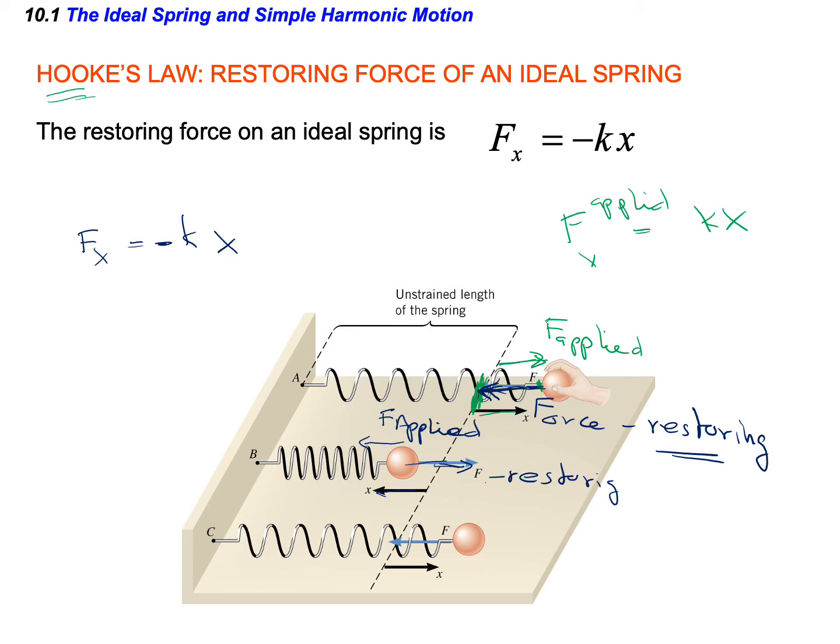Restoring force is in one direction, x is in the opposite direction. It's basically the opposite of the equation we learned in the previous section. This equation we call Hooke's law: restoring force is equal to spring constant times displacement.